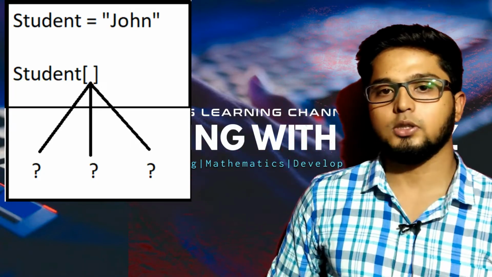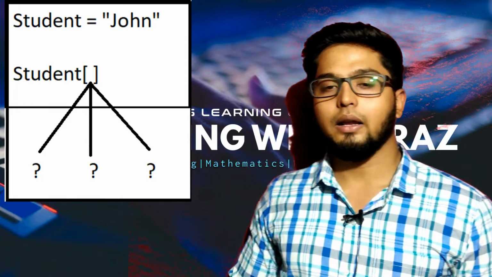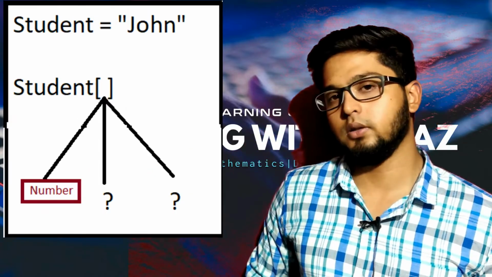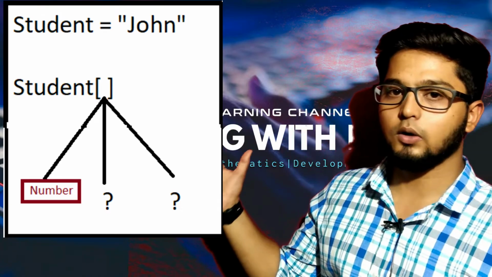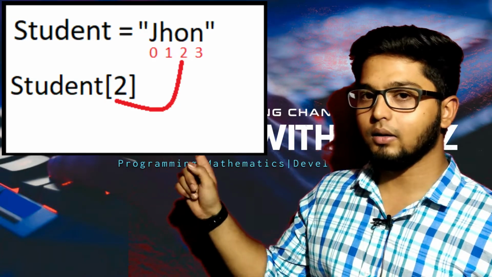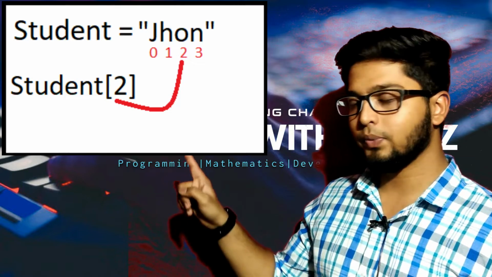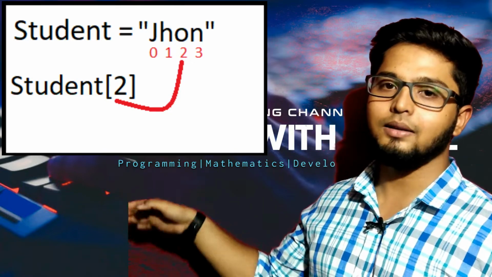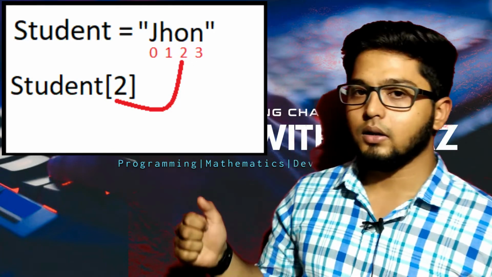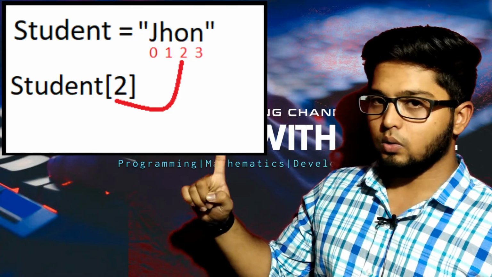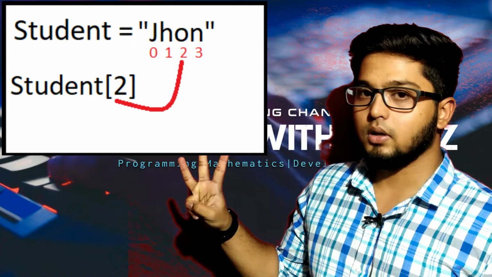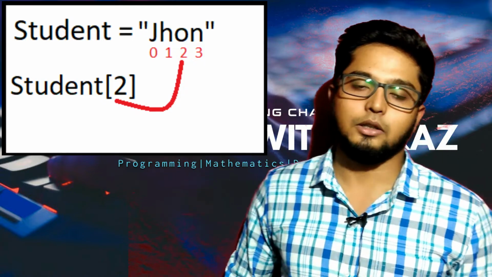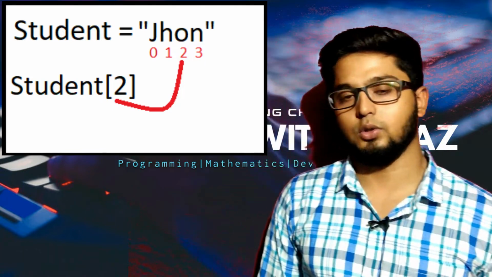The first possibility is you can take one number inside it, only one number. For example, if I take student[2] and print this statement, J is 0, H is 1 and O is 2, so I'll get O in my console. So that is the logic here.